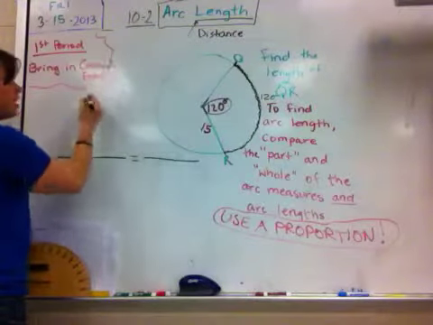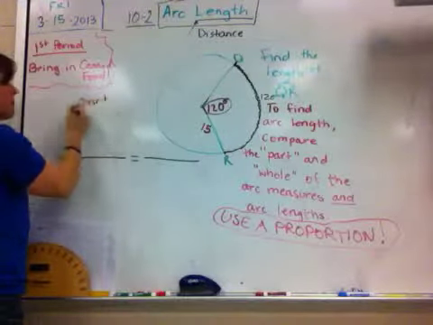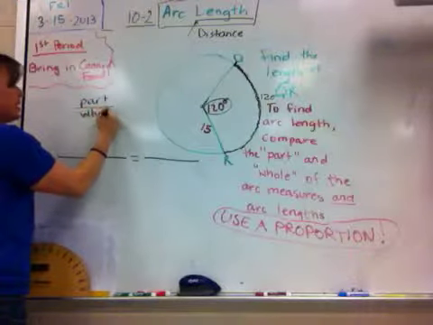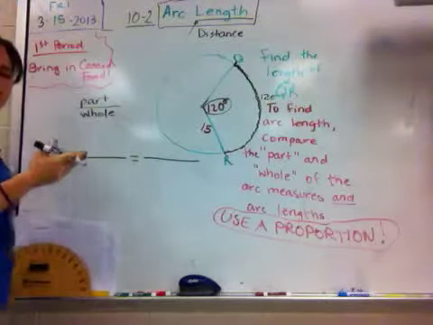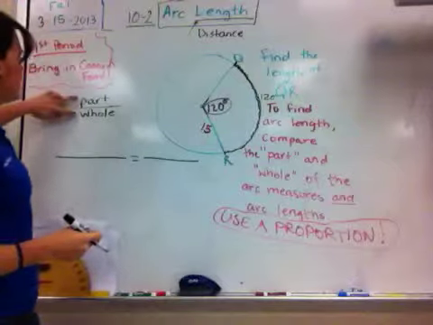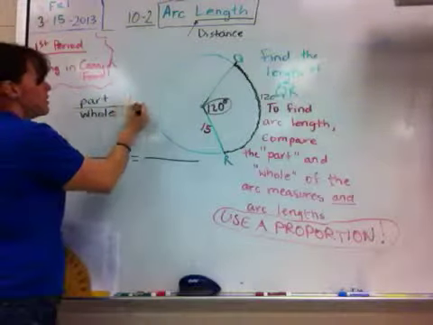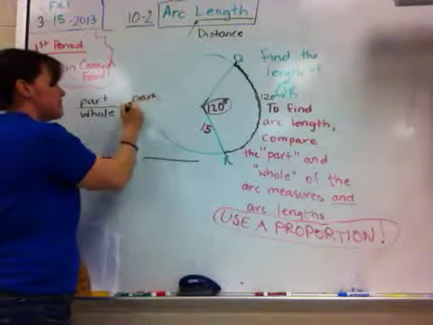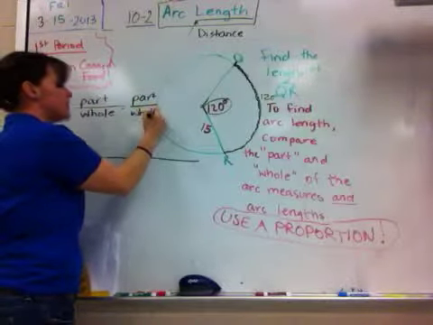Anytime you want to find arc length, think about proportions in this way. Let's think about taking a part of something and then the whole thing and making that a ratio. And then we're going to set it equal to a part of something else and then the whole thing of something else.